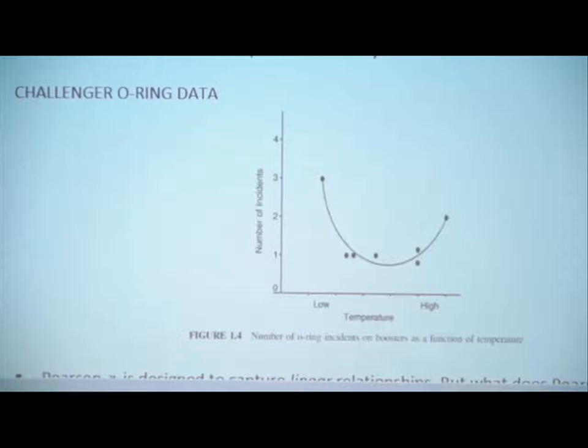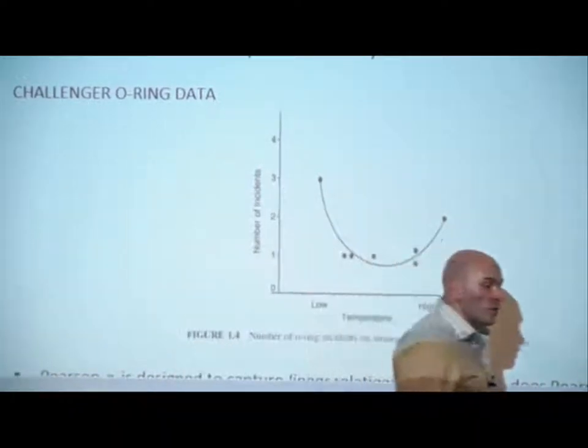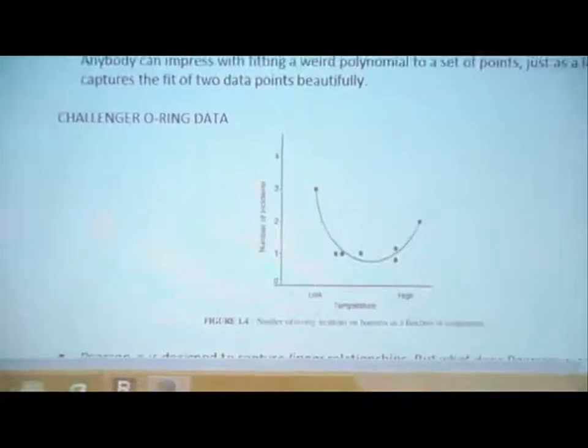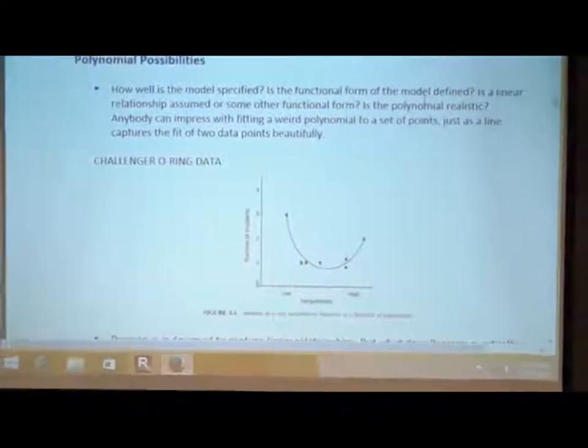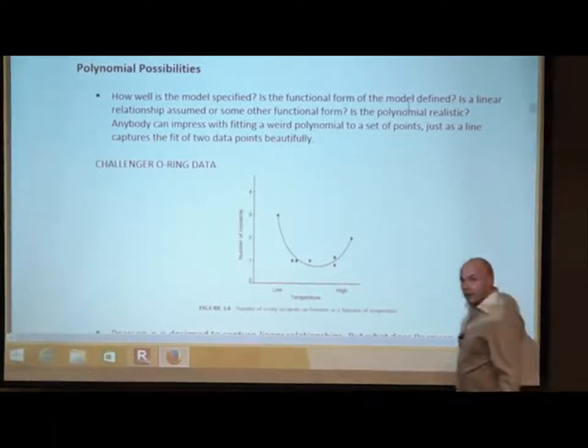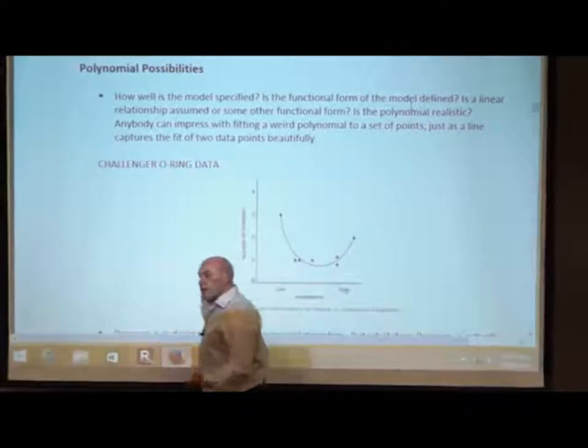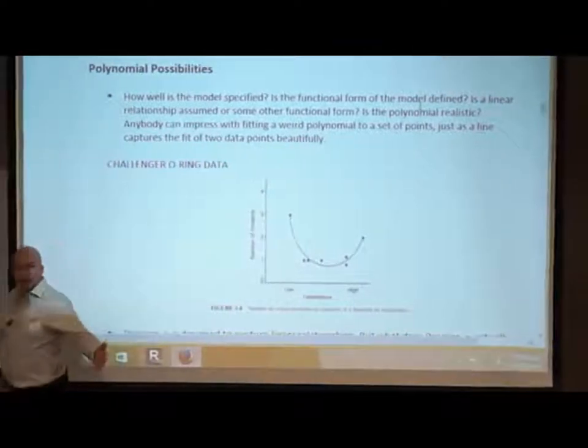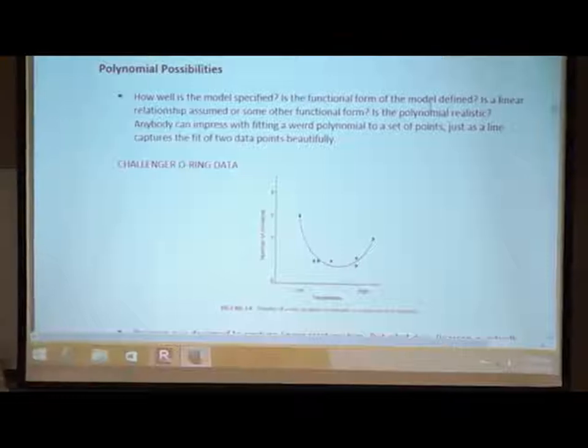Polynomial possibilities: most models assume linear relationships. I think it's very reasonable that a lot of models assume linear relationships, because it's really hard to get nonlinear relationships in a lot of fields. And if we can at least approximate something by a line, we're doing pretty good. But it's still worth investigating a little bit, saying, why are they assuming linear?